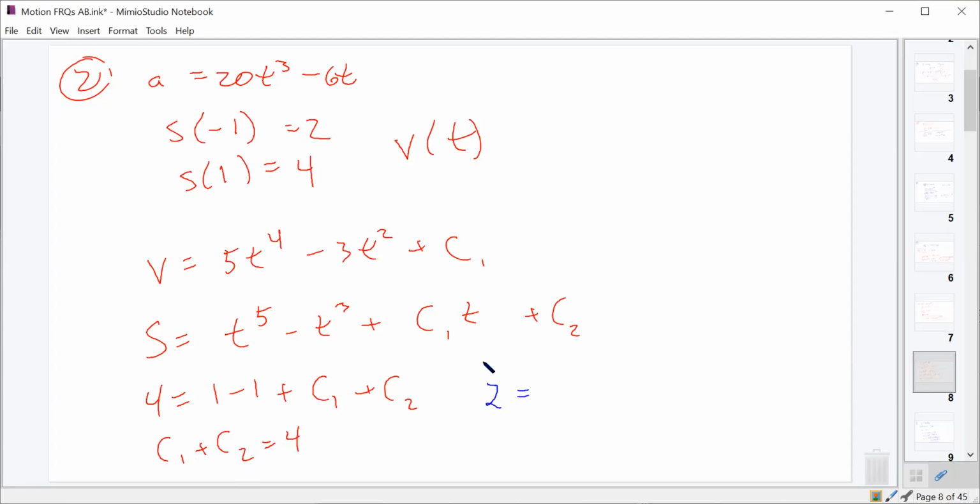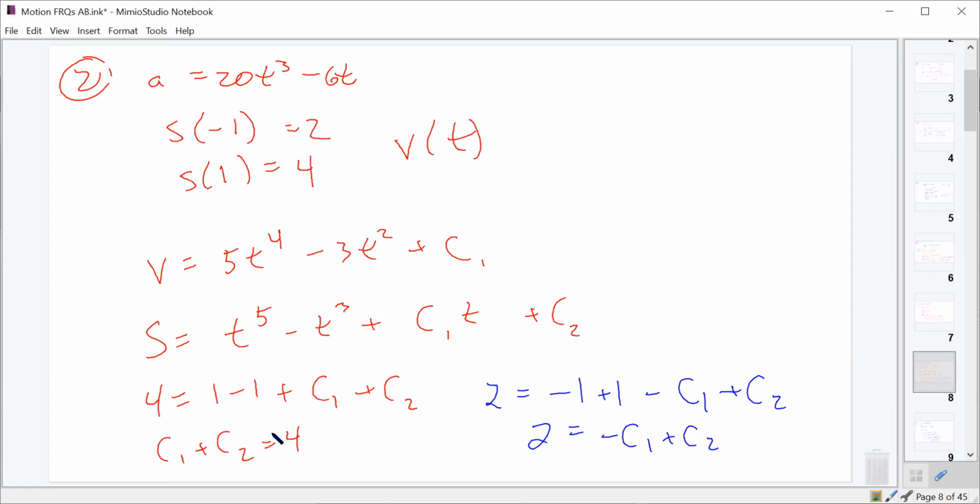And we get 2 equals -1 minus -1, so plus 1, minus constant 1 plus constant 2. So that tells us that negative constant 1 plus constant 2 is 2, constant 1 plus constant 2 is 4. We can take one and add it to the other, or take one and subtract it from the other. Either way will work.